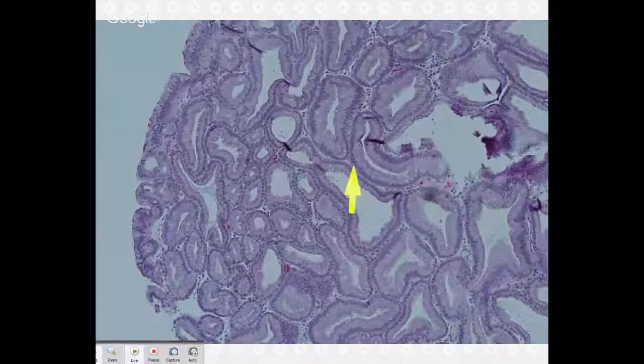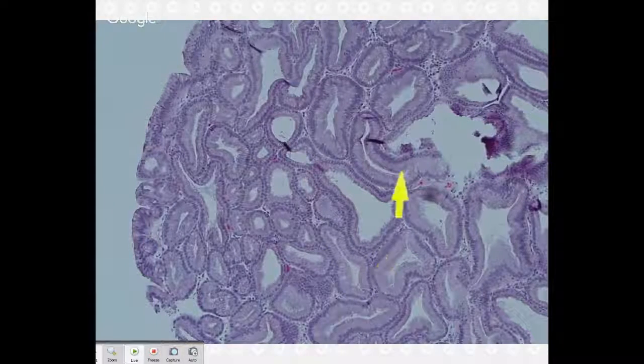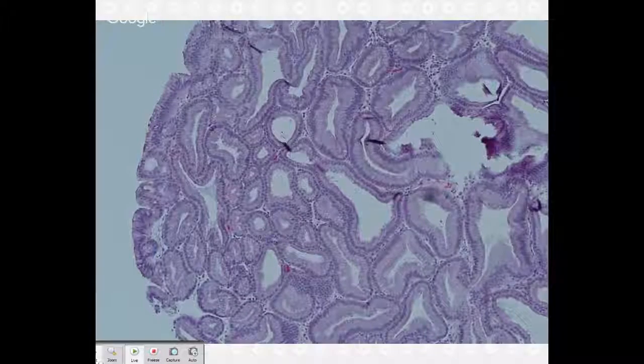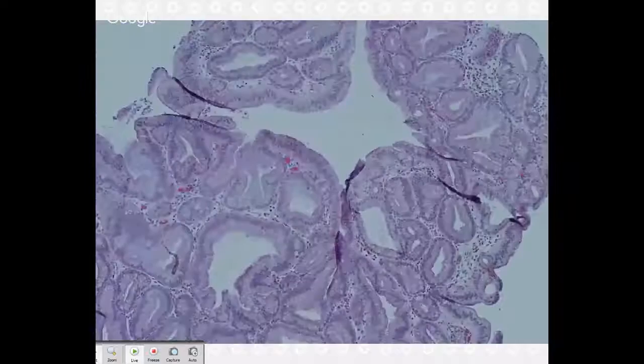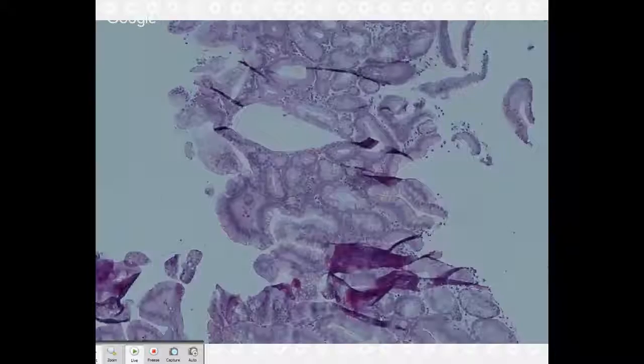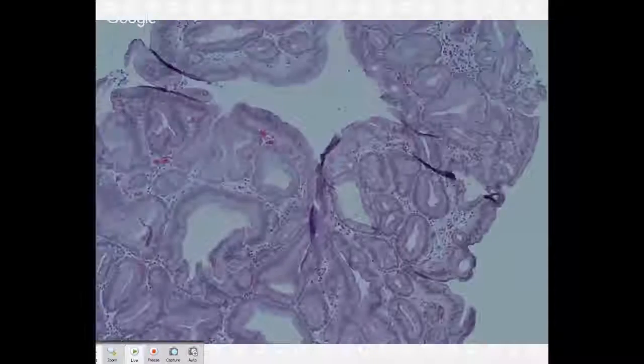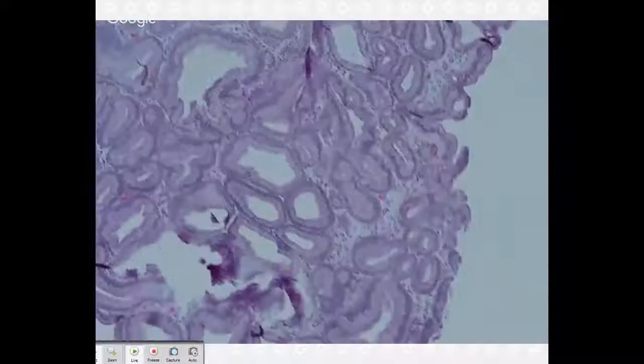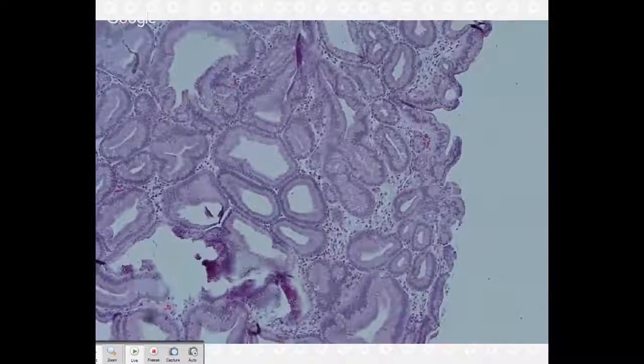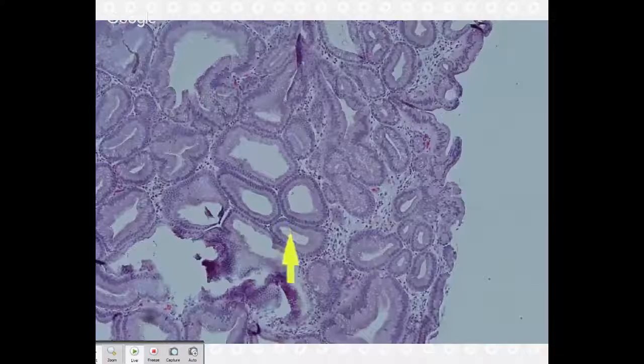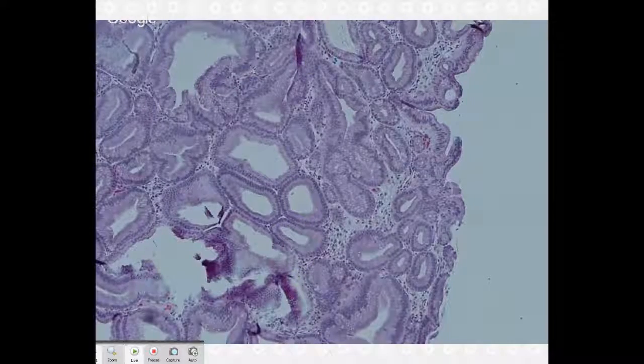The nuclei all seem to be sitting along the basement membrane. They are back-to-back glands, which I told you earlier is always a way that I think about, ooh, that's probably dysplasia in an upper GI biopsy. They do have abundant cytoplasm. People have described this as ground glass cytoplasm, whatever that means.